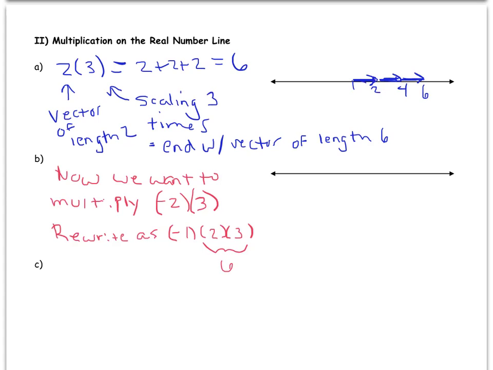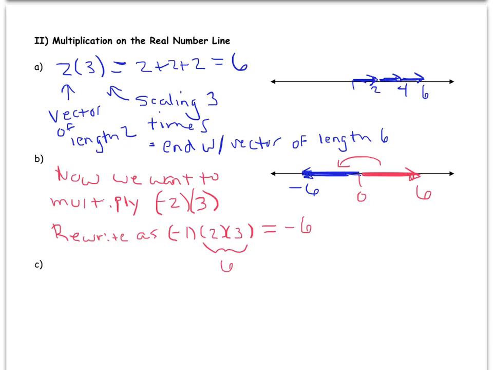We can see once again that here we are at 6. And by multiplying this by negative 1, that results in our vector of negative 6, which is the same length, but in the opposite direction.